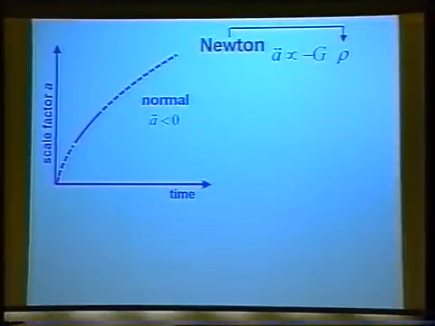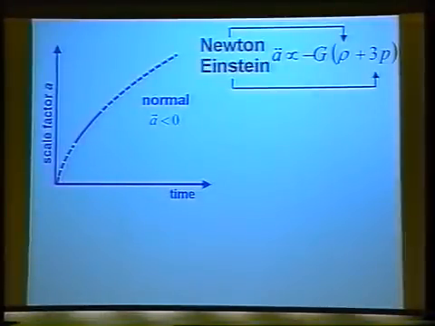However, that's not, as we saw, the complete expression. There is a relativistic correction to this classical equation, to the Newtonian result, that involves the pressure. So it's not just G times rho, but G times rho plus 3p. And you can think of the pressure term as arising from the kinetic energy density. It's not only the rest mass energy that gravitates, but also the kinetic energy density.